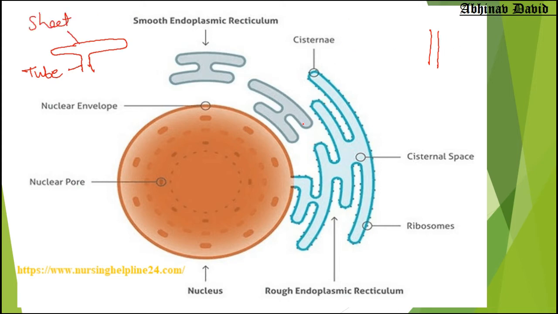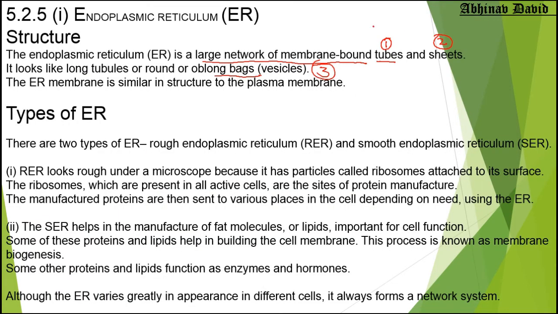There are other structures which are not given here, round bag like structures which we call vesicles. So basically the endoplasmic reticulum has three types of shapes: it looks like a tube, or a sheet, or bags. So the structure of the endoplasmic reticulum is made up of membranes, and these membranes can be in the form of tubes, sheets, or bags.